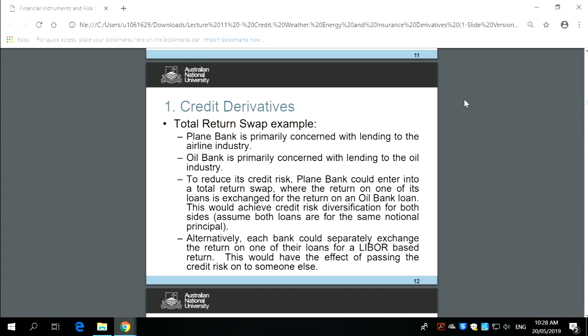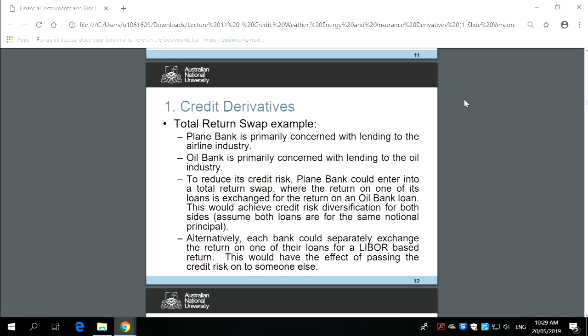Essentially, the bank wants to diversify their loan portfolio without spending too much time and energy to specialize in another industry which is outside of their comfort zone. So for example, the airline bank would like to swap 50% of the interest and principal payments that they received from the airline company with 50% of the interest and principal payments from the oil bank, which is in turn received from the oil company.